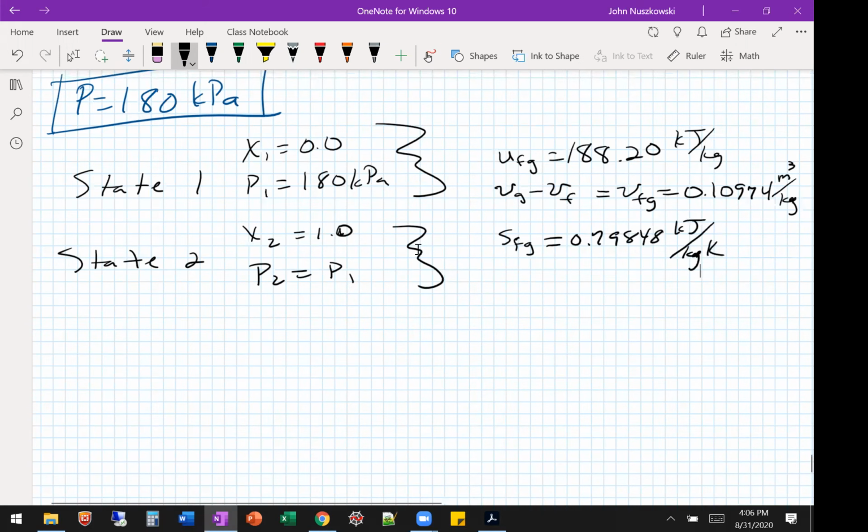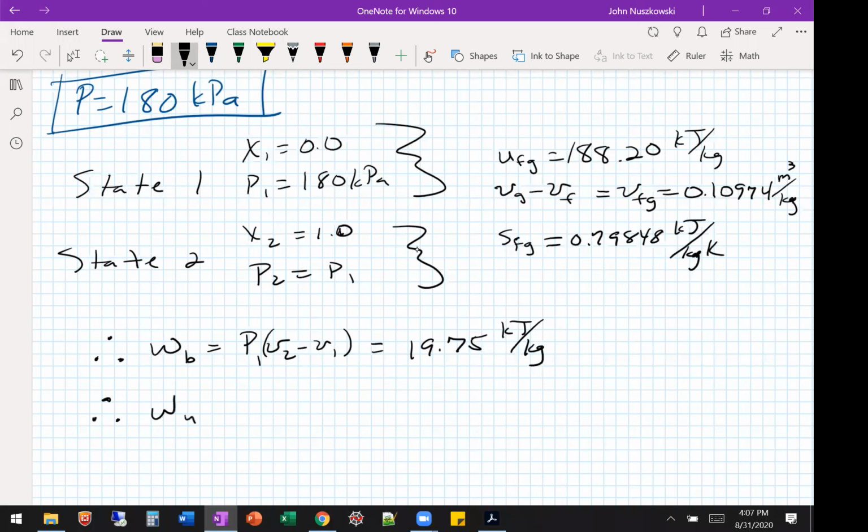Okay, so our new boundary work, PDV, so we get 19.75 kilojoules per kilogram, if we subtract off the work on the surroundings, so we have work boundary minus the work being done on the surroundings, which is this part, right?